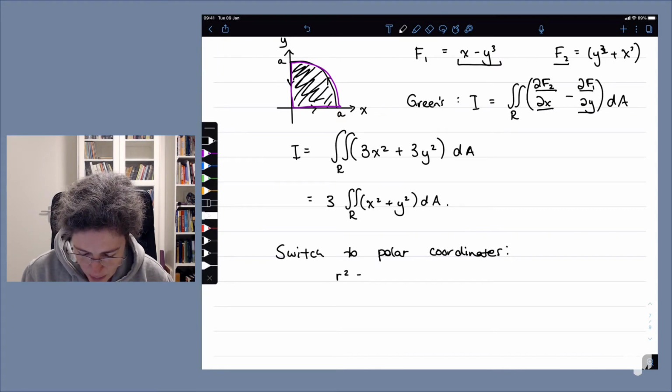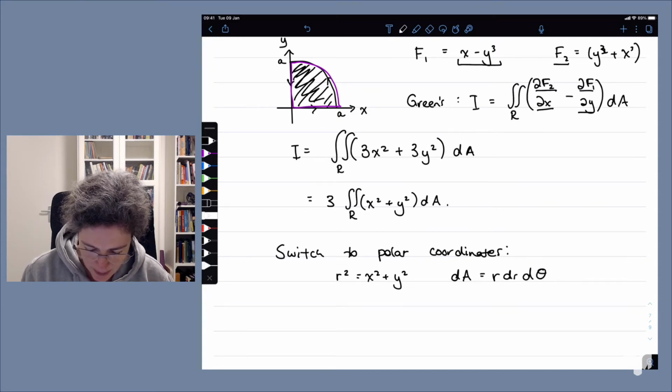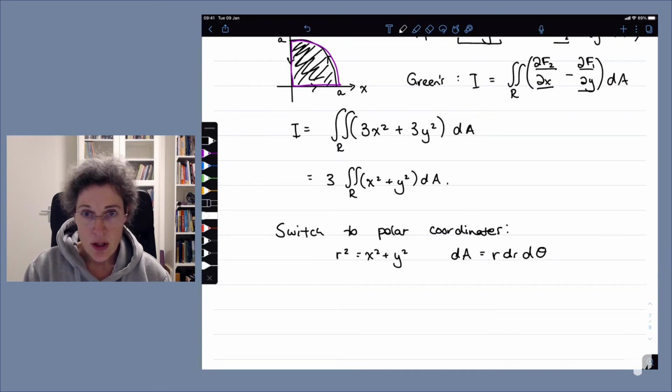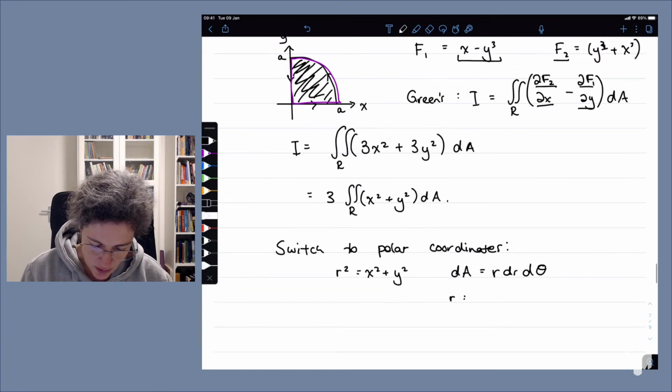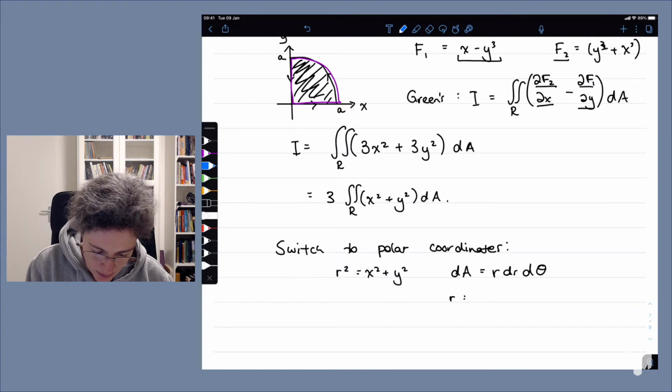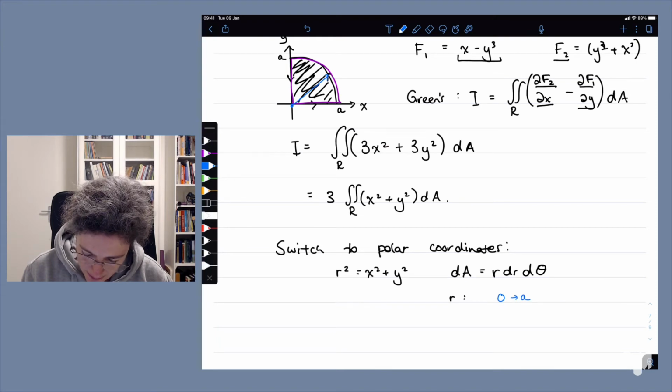So we know that r squared is equal to x squared plus y squared. We also know that in polar coordinates our dA is r dr d theta. And if we want to think about what our limits of integration are, because we're integrating over this region, our radius is going to go from 0 out to a, so r goes from 0 to a.